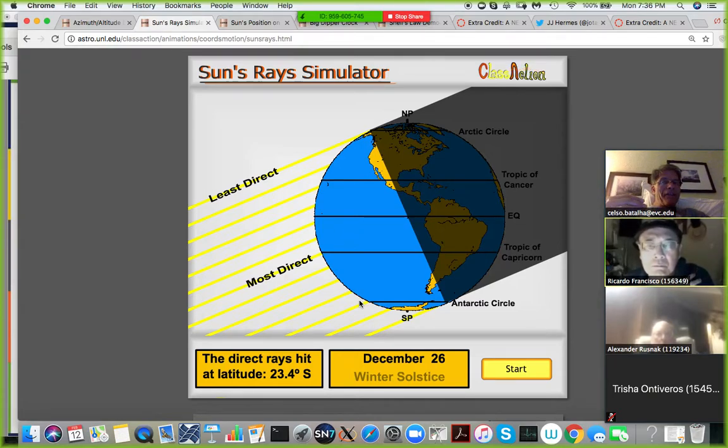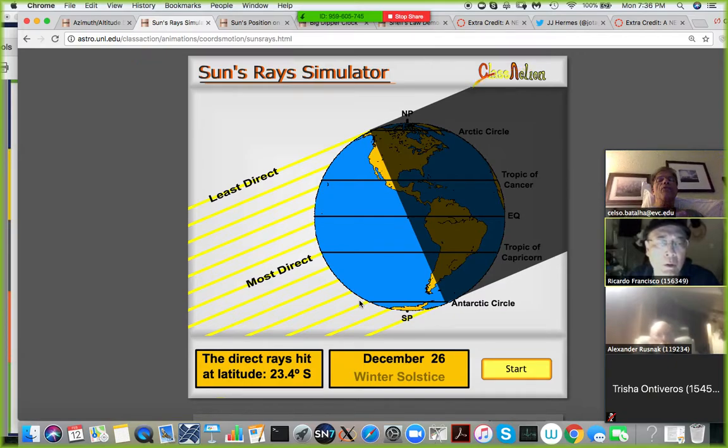Whereas in the winter time, since the sun is shining at an angle, that same energy is spread over a larger area. So that same energy, instead of being concentrated in a smaller area like in the summer, and therefore dumping more energy per square inch, in the winter, because of this angulation, the energy is spread over a larger area.